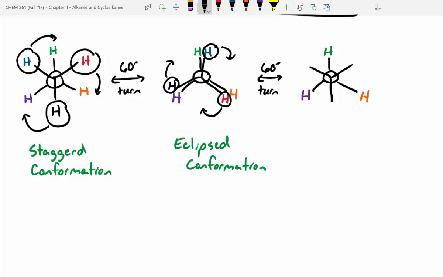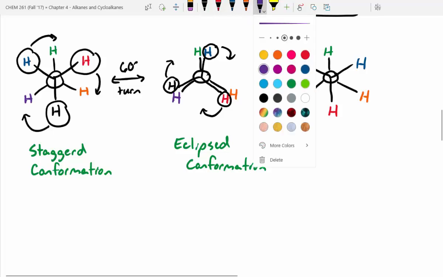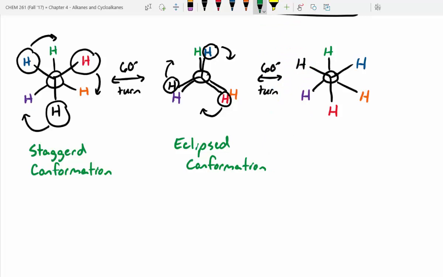All right, so what should go in the top right-hand corner? Blue. What should go in the lower corner? Should be red, right? And then what should be in the top left-hand corner? Black. So again, you can rotate these molecules all sorts of directions, but every time you rotate it, you're going from staggered to eclipse back to staggered again.